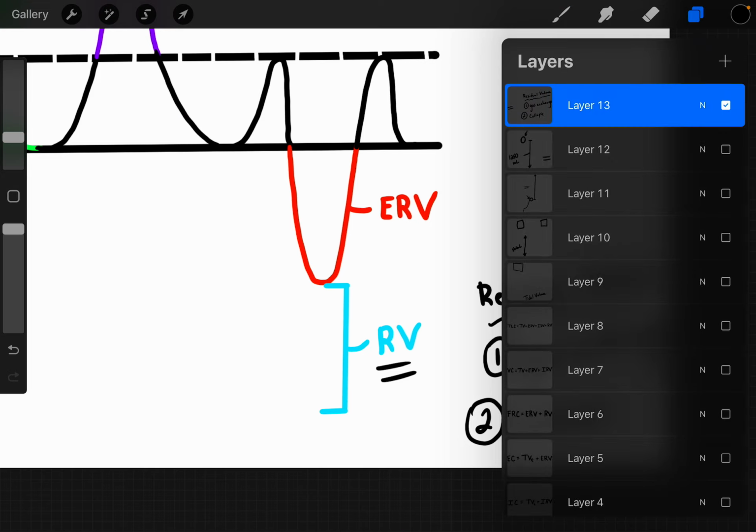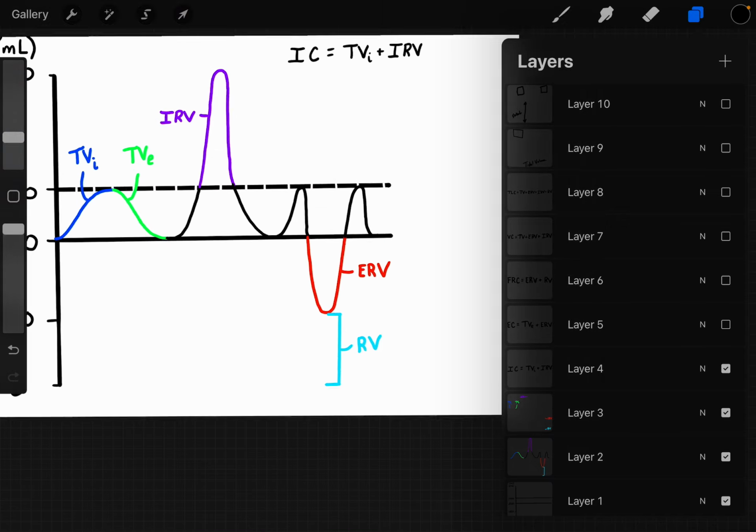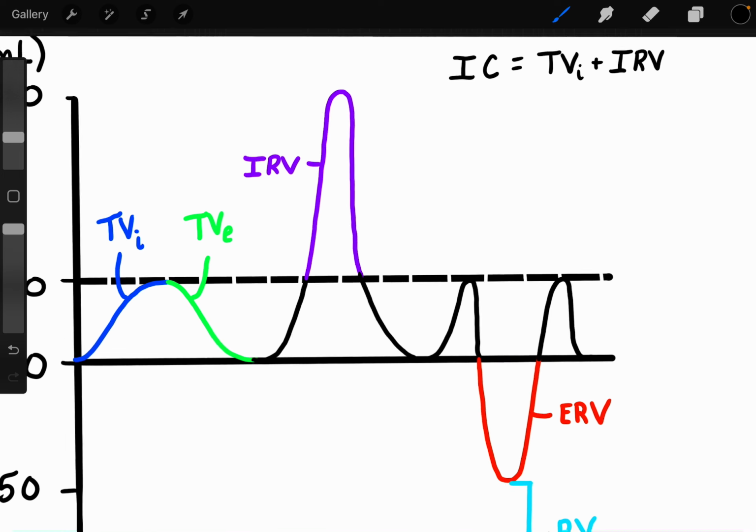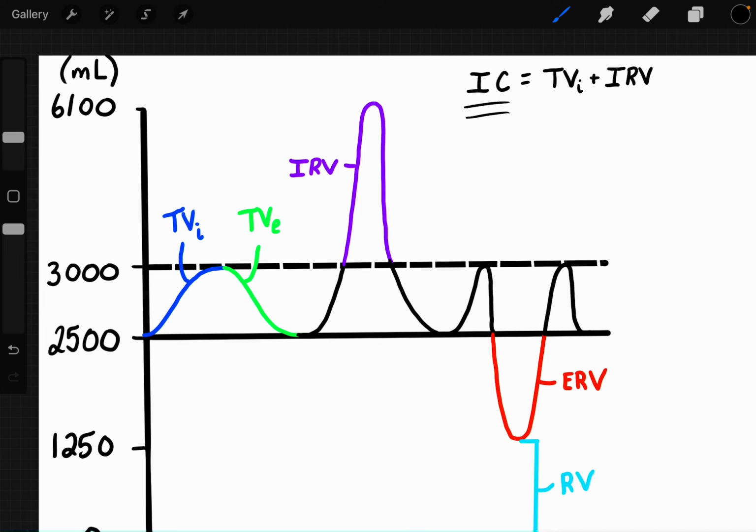Now, I'm going to go a little bit further and add a couple equations. So we've got inspiratory capacity. These are equations that they use to calculate certain values based on this chart. Inspiratory capacity is going to be tidal volume inspiration, so that's this value, plus inspiratory reserve volume.